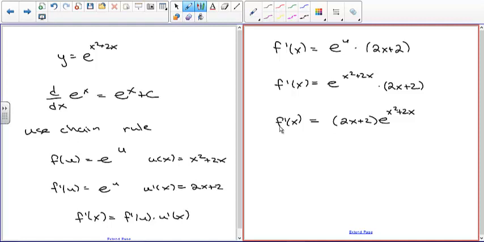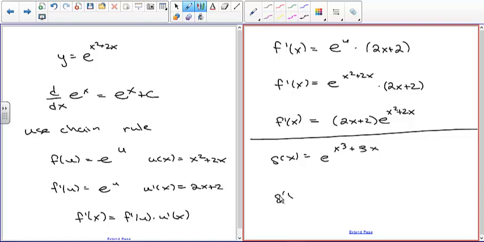So let's just make one up and try to do it in our head instead of using the extended version, the larger version of the chain rule. So if I said g of x equals e to the x cubed plus 3x, what do you think?